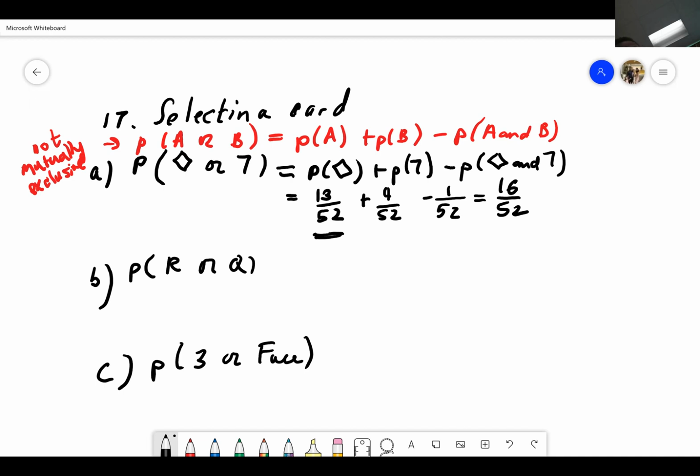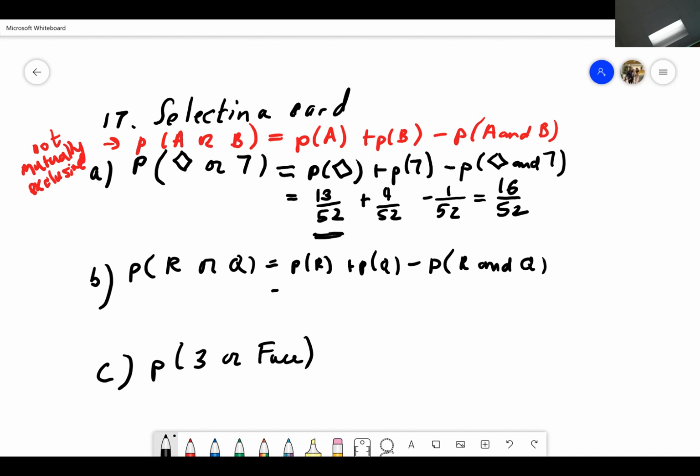Let's do the next one. The probability of red or queen. Is it possible to be a red queen? Yes. So they're not mutually exclusive, and we have to allot for that. The probability of red plus the probability of queen minus the probability of red and queen.